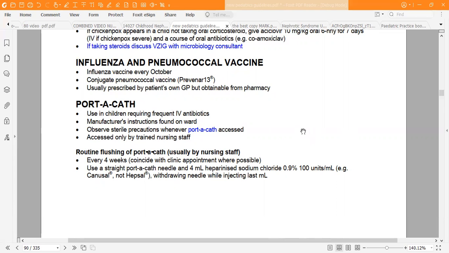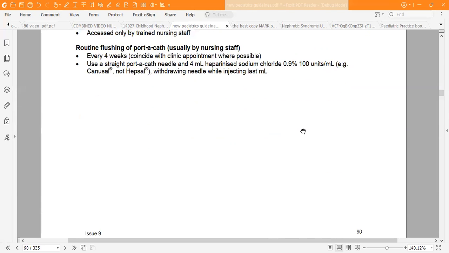Routine flushing of the Portacath is usually done by nursing staff every 4 weeks. Use a straight Portacath needle and heparinized sodium chloride, 100 units per ml, withdrawing the needle while injecting the last ml.